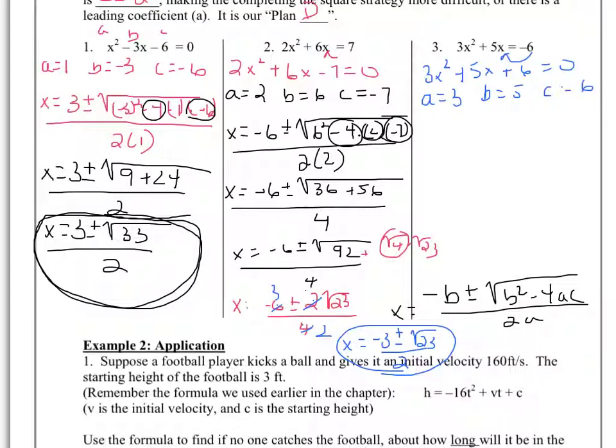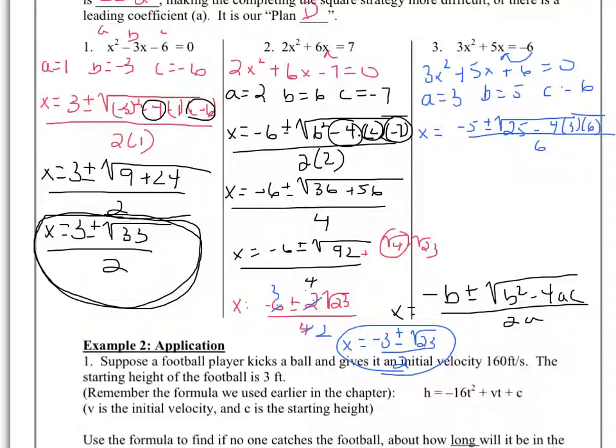Okay, so plugging in for the quadratic, negative B, negative 5 plus or minus the square root of b squared. 5 times 5 is 25 minus 4 times a times c. 4 times 3 times 6 over 2a. 2 times 3 is 6.